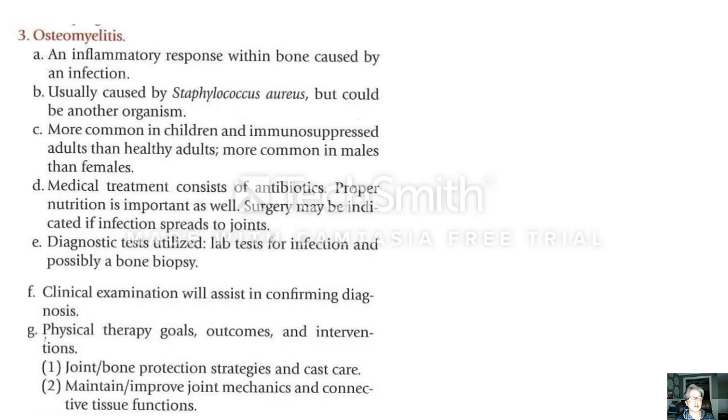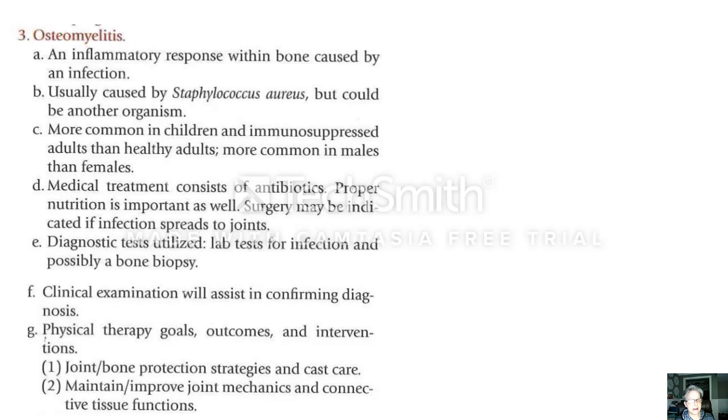More common in children and immunosuppressed adults than healthy adults. More common in males than females. Medical treatment consists of antibiotics. Proper nutrition is important as well. Surgery may be indicated if infection spreads to the joints.